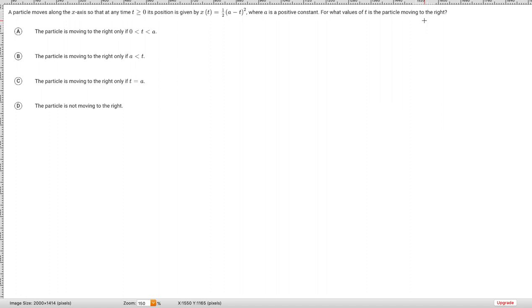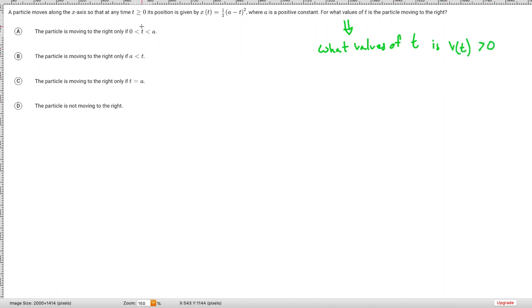Now, we could reinterpret this question so it simply says, for what values of t is the velocity positive? For what values of t is v of t greater than 0?